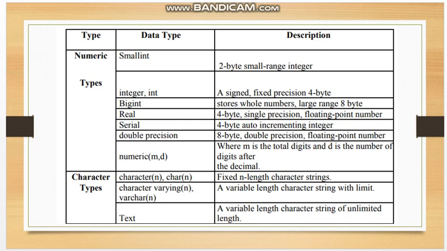Then we have another type, which is character varying(n), or we can say variable character n. Whenever we are using a data type for a variable or attribute like name, address or subjects, these take a number of alphabets, but it is not fixed. What value comes depends on the user.